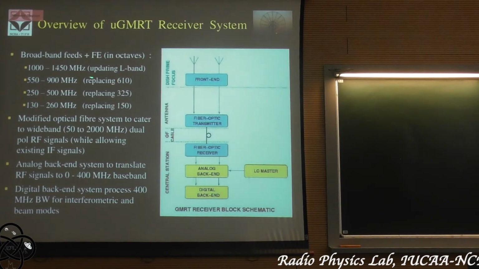So, for example, the full 1000 to 1450 can be processed, and this 250 to 500 can easily be processed, and so on. And then it is put into digital systems which can do all the calculations needed either for the interferometry mode or for the array mode, for getting the final data products.